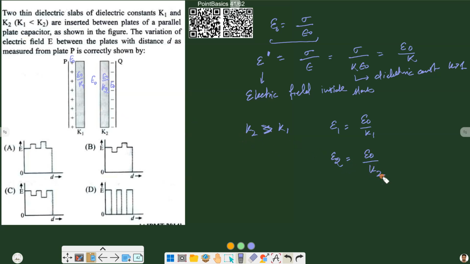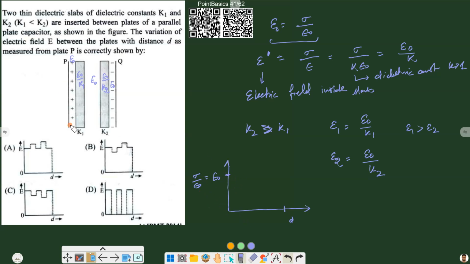As we know K2 is greater, we can easily say that E1 will be greater than E2. Now if you plot a graph here, this value represents E naught, or sigma by epsilon naught, and this represents the separation. This is the total separation.